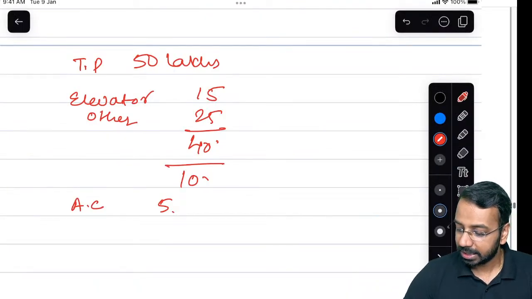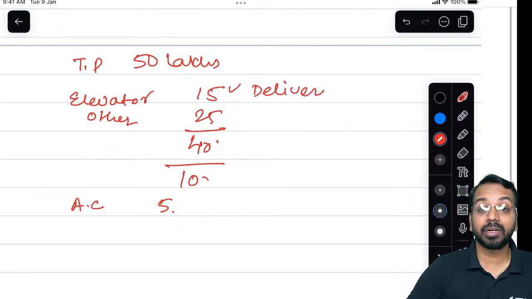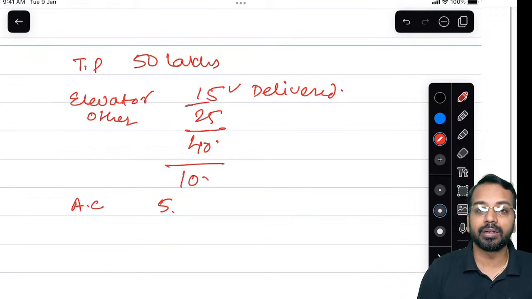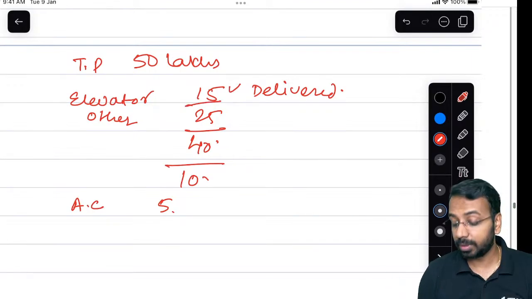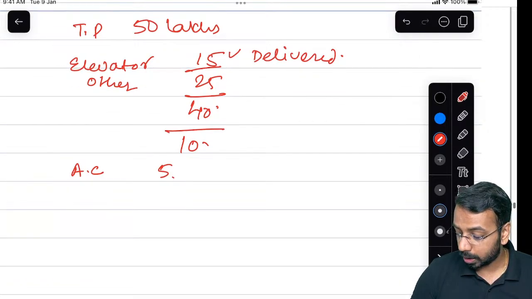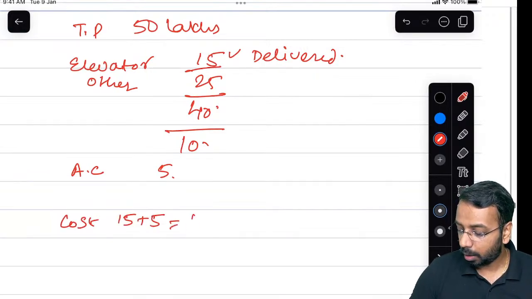Now what happens here is this 15, this is delivered. Did the entity incur cost? Yes, the entity incurred cost. But just by delivering the elevator, it has not completed a performance obligation. So if you say that cost is 15 elevator plus 5 other cost, 20, out of 40, it is 50% complete.